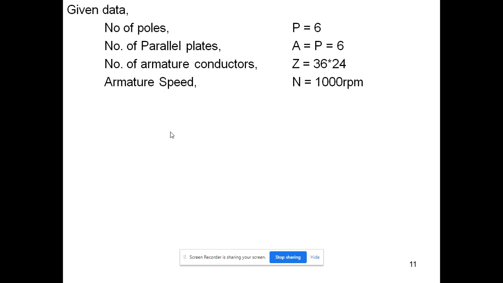And it is also given that armature speed, which is represented by N, is 1000 rpm, that is rotations per minute, and the flux per pole, which is represented by phi and its unit is Weber, is given as 0.016 Webers.